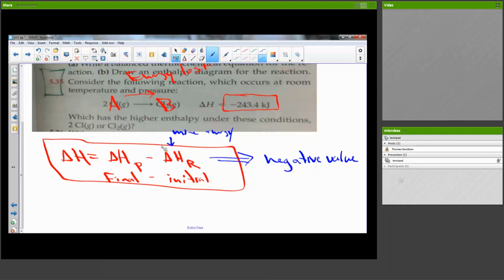It means the second number has to be bigger. Well, if it was positive, then what would have to happen? The first number would have to be bigger, correct? So that helps answer this as well. We end up with a negative value because our reactants had higher enthalpy than our products.